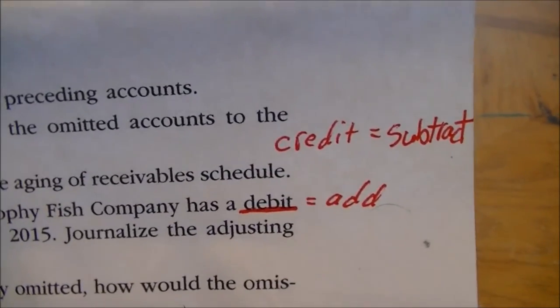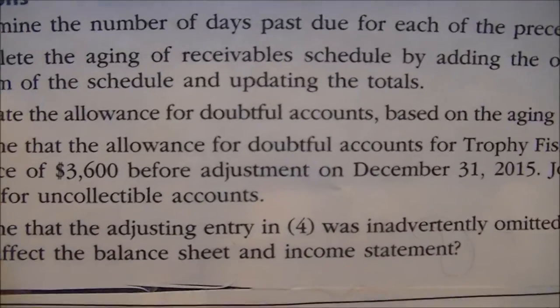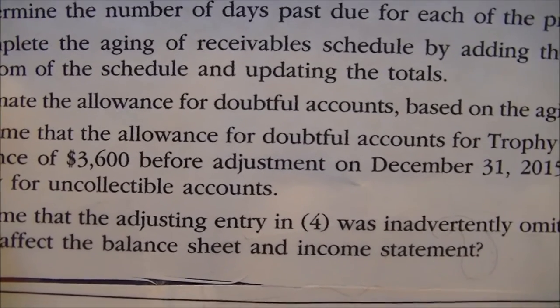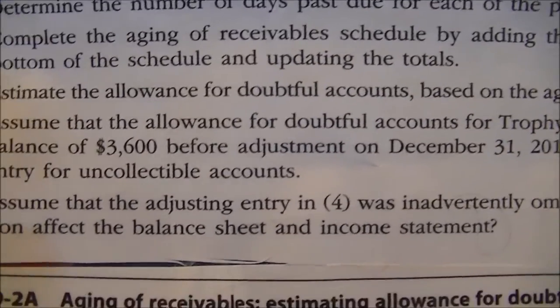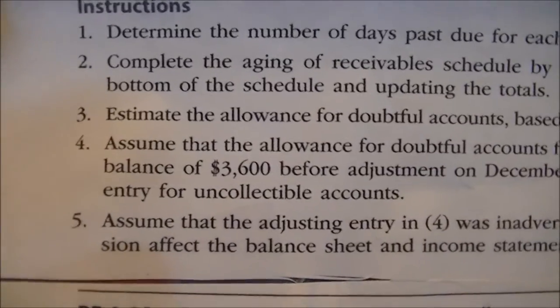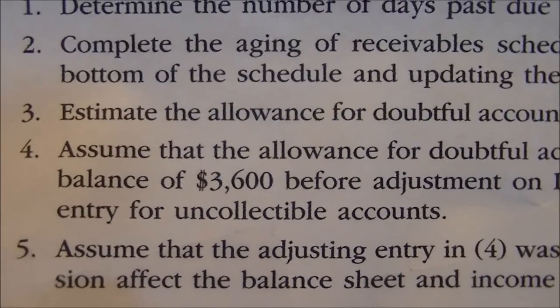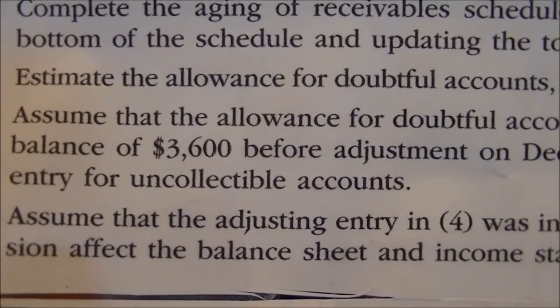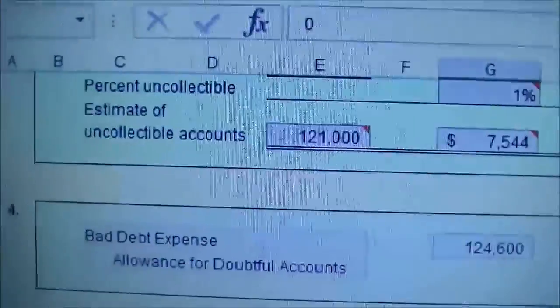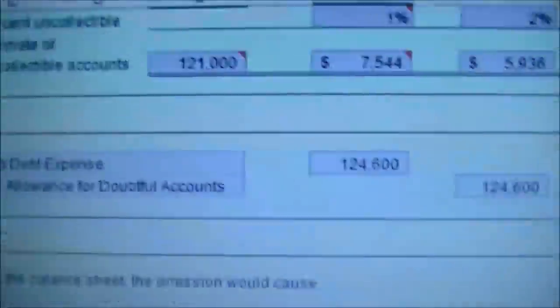If it says credit, you're going to subtract the $3,600 from the uncollectible accounts, $121,000. So once again, if it says debit, you're going to add this number here, whatever the number is for you, it's probably different. Add that number to your uncollectible accounts, and if it's credit, subtract the number from your uncollectible accounts. So I'm going to show you.